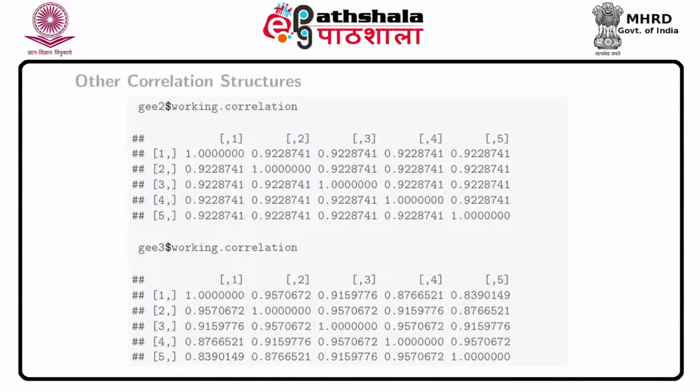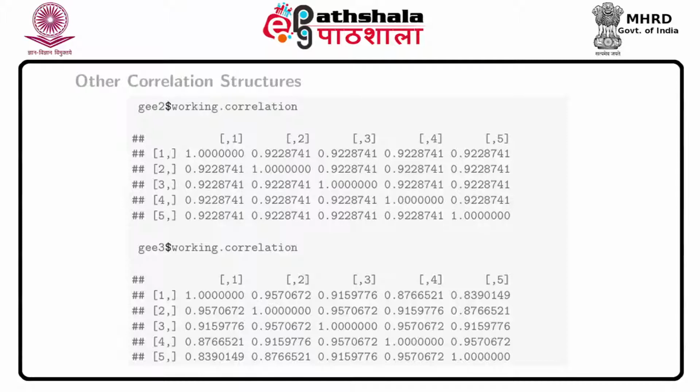But here, if we say the working correlation to be AR1, then we start off with a correlation of 0.96 between the first, and then the correlation decreases with every increase of separation.